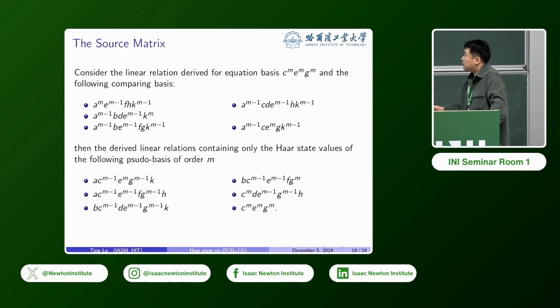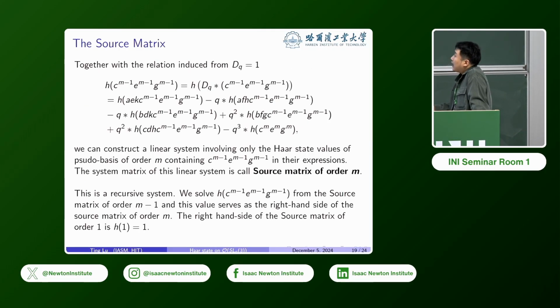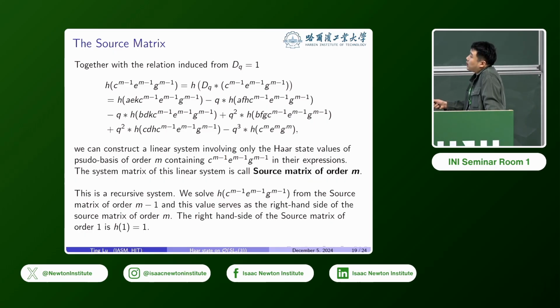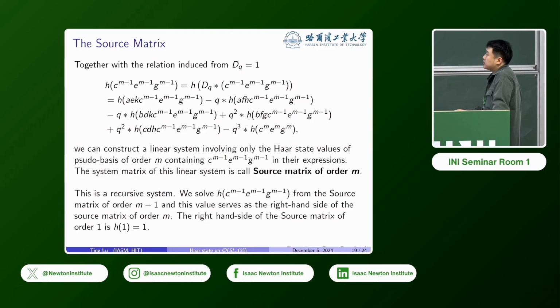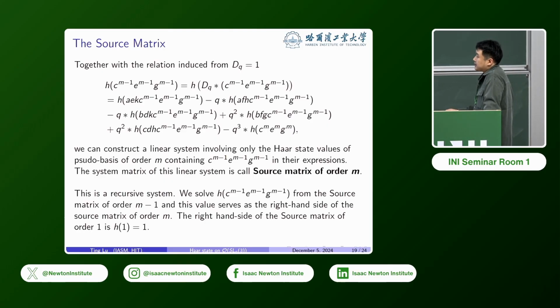So I have 5 linear relations, 6 unknowns. I need 1 more. And the 6th linear relation is derived from this one. So by these 6 linear relations, I can construct a linear system involving monomials that contain this piece in their expressions. And I will call such a linear system a source matrix of order M. And the only non-zero right-hand side will be the Haar state of this monomial.